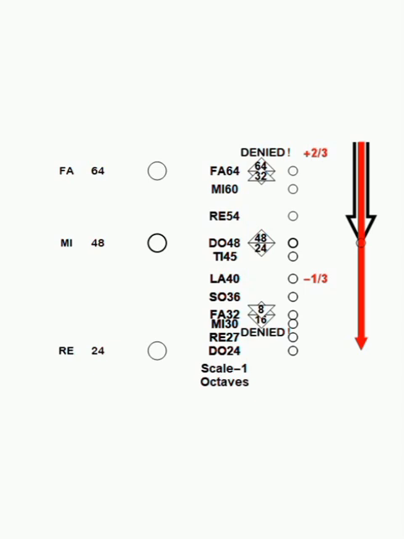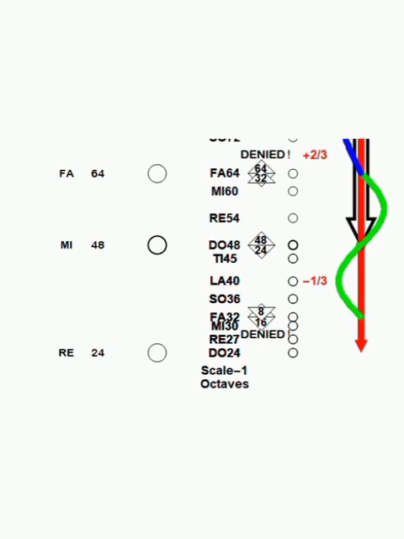This can be likened to fixing the ends of a vibrating string, which is then forced to oscillate between the two Fas as the vibration of Do 48 travels up and down it and is reflected at its ends. This is symbolized by the green sine wave, depicting a vibrating string with its ends at Fa 32 and Fa 64, and centered at Mi 48. It is called the minor oscillation.